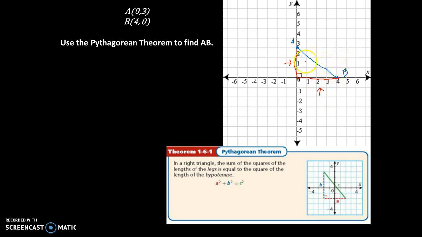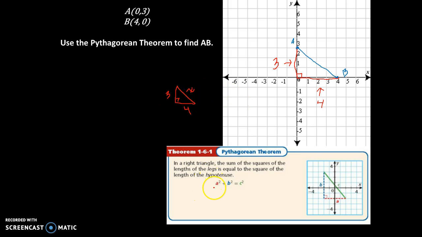So from B to A, we have to go up 3 units. And from A to B, we have to go over 4 units. So you can kind of picture we've actually created a right triangle with one leg 3, because remember this is the right angle, one leg 4, and the hypotenuse, which is the distance from A to B, we'll call it x.